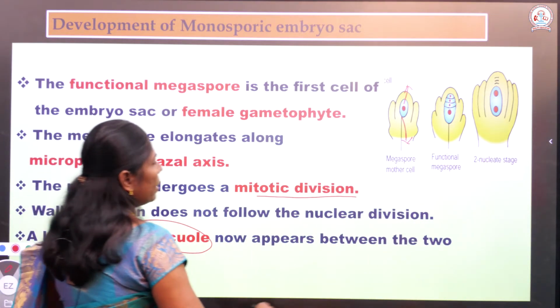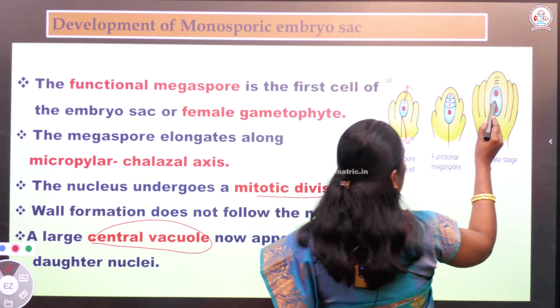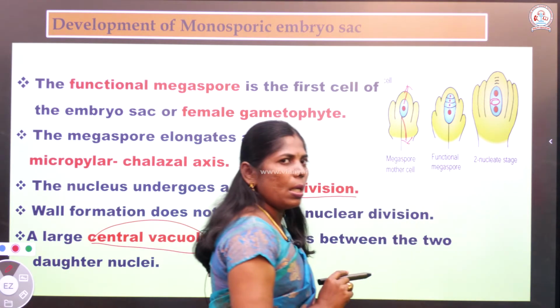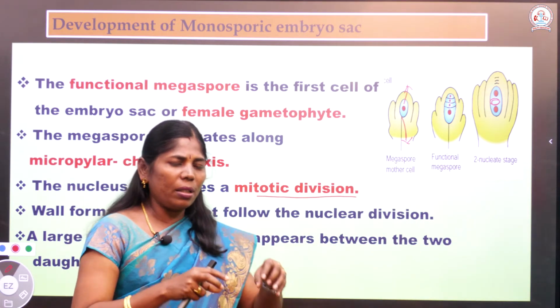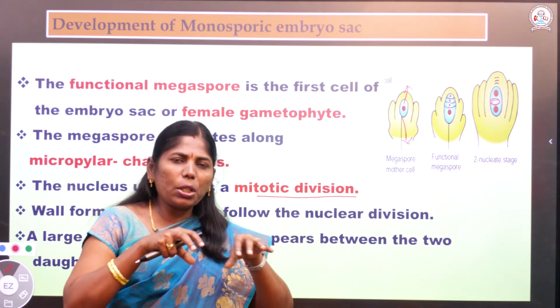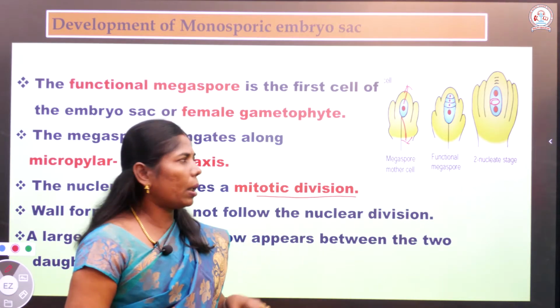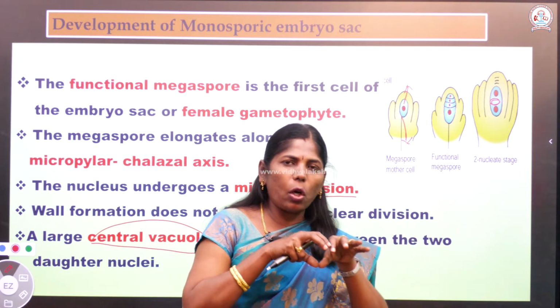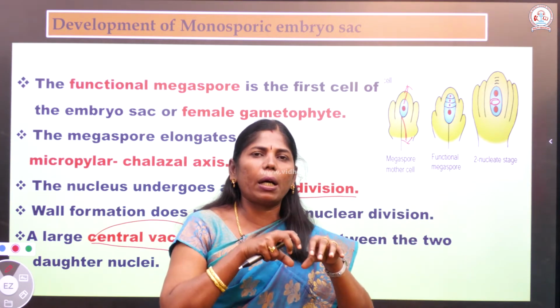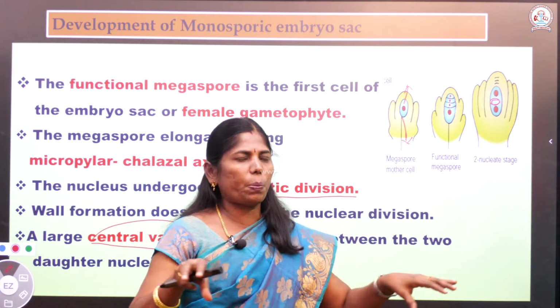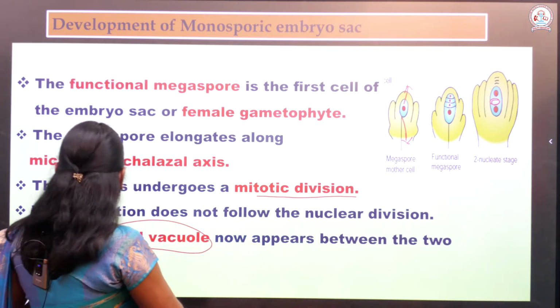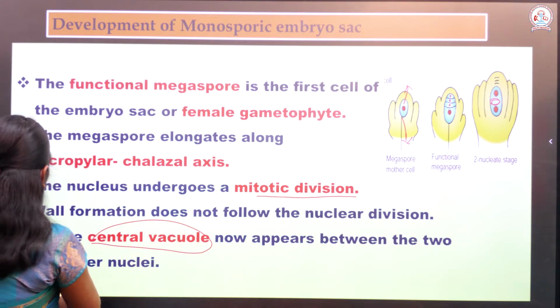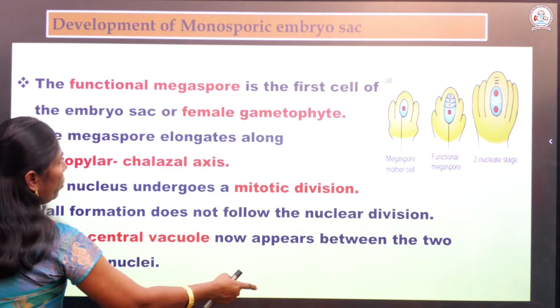The vacuoles are present in between the nuclei, and they push the two nuclei towards opposite poles. So the central vacuole now appears between the 2 daughter nuclei.